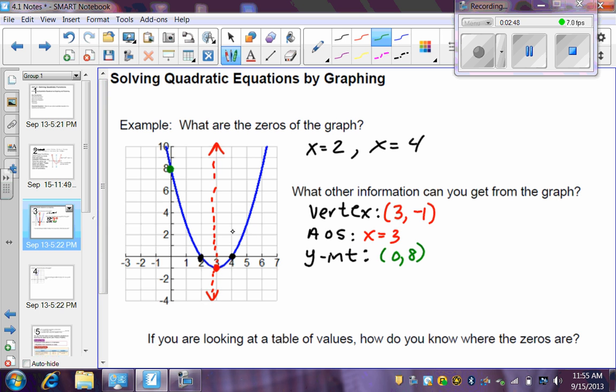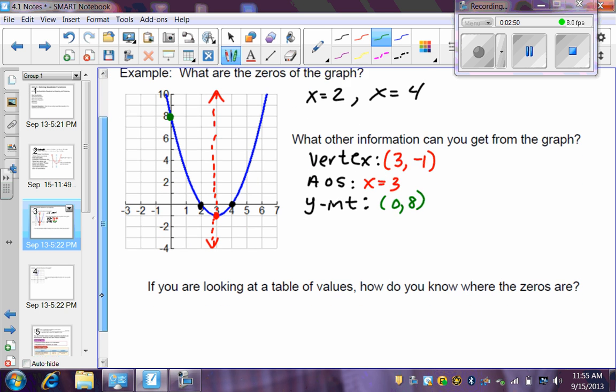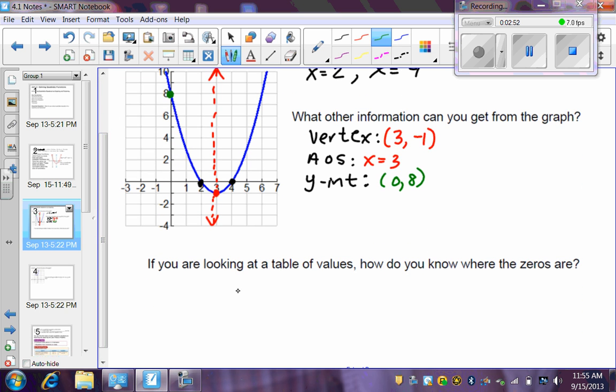If you're looking at the table of values, how would you know where the zeros are? Well, for example, if I was looking at the table of values for this graph, it would probably look something like this. When x is 0, the y is 8. When x is 1, y looks to be 3.